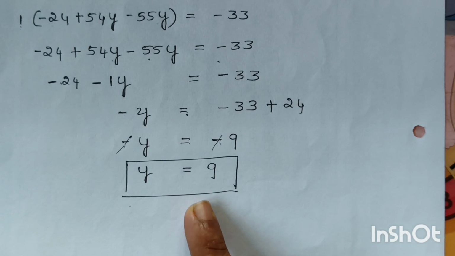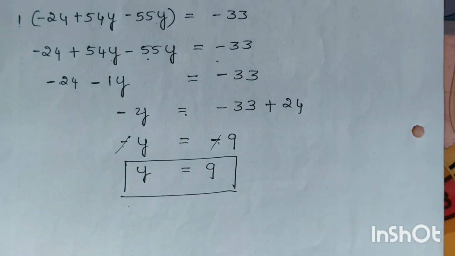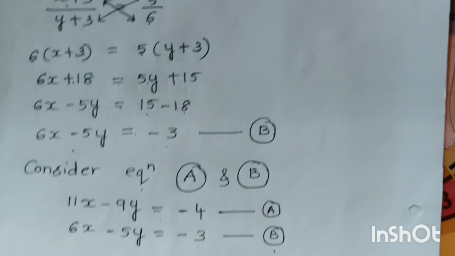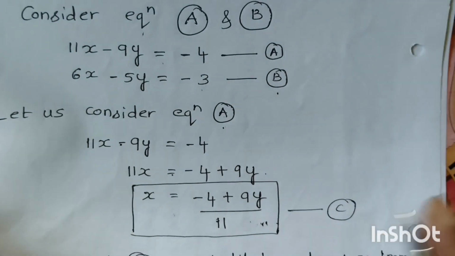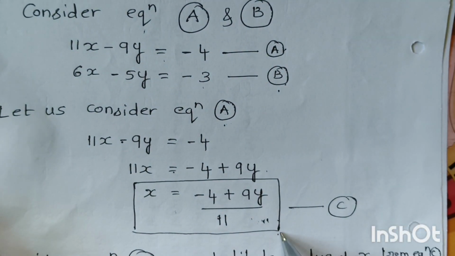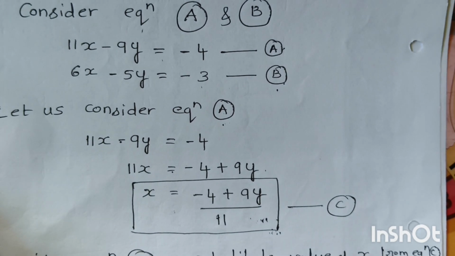Now let us substitute the value of y, that is 9, in any of these three equations, that is equation A, equation B, or equation C. Here I will consider equation C. It is of your choice.